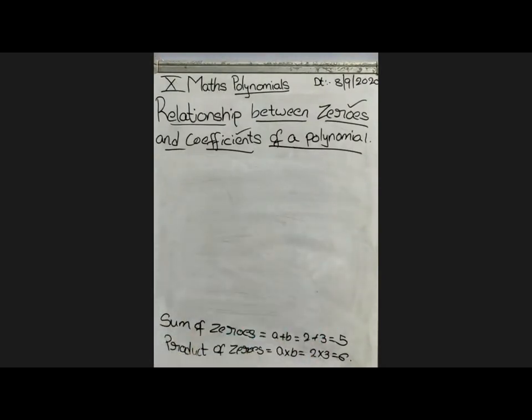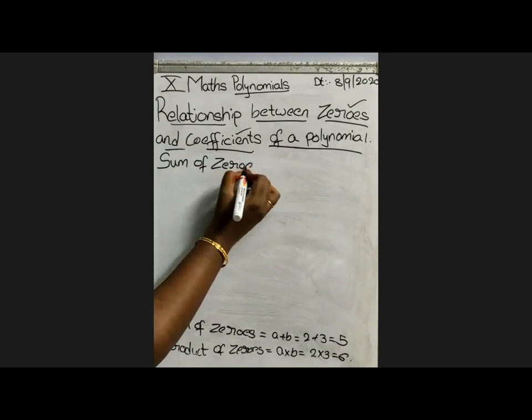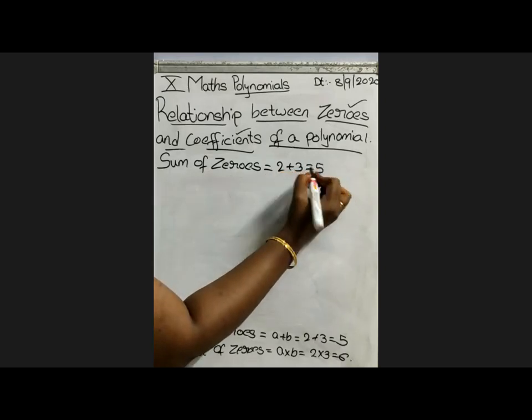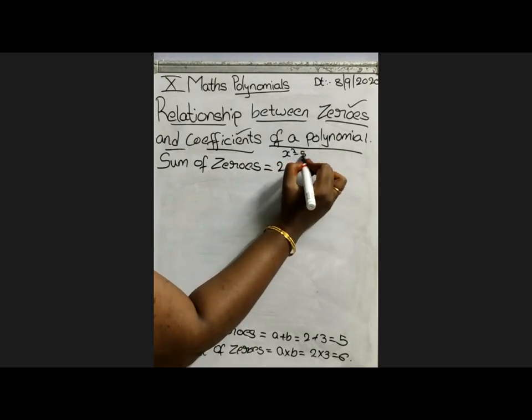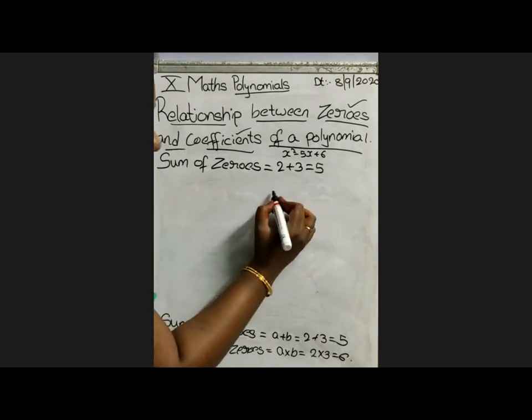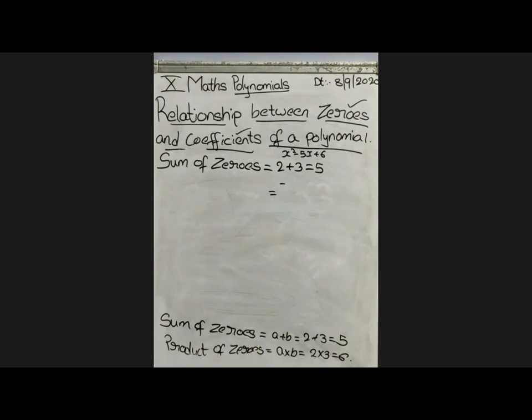See, ma, again I'm writing this one up. Once observe the sum of the zeros. Sum of zeros means 2 plus 3, which is equal to 5. What is our equation? x squared minus 5x plus 6. This is our equation. Once observe clearly what I'm writing.